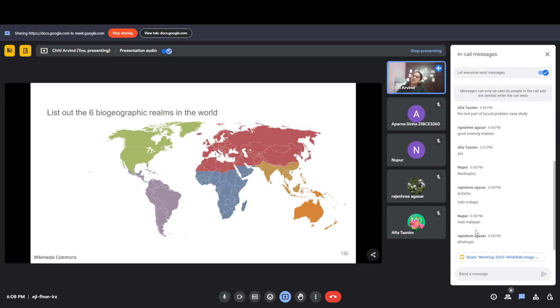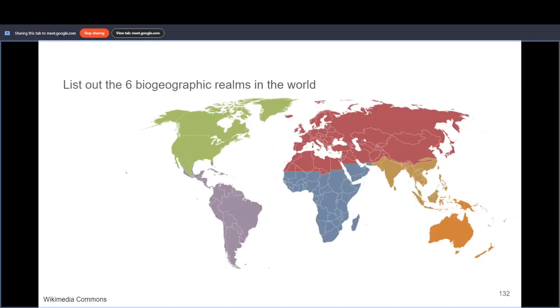So Indo-Malayan is what color? Okay, blue is Afrotropic. That's right. Orange is Indo-Malayan. Okay, sure. Yeah, no problem. If you can see my cursor, this is the Indo-Malayan.